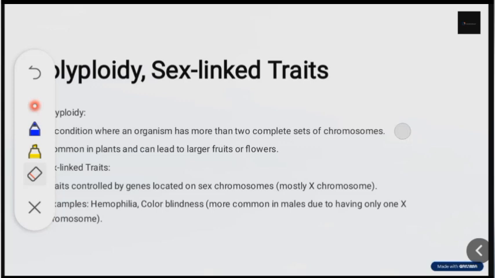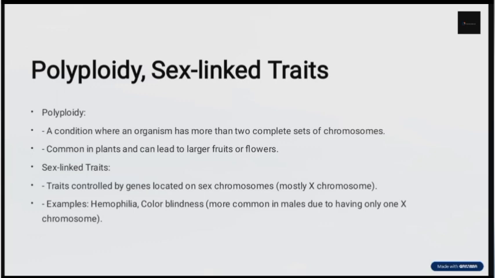Now, why is this important? It means that some traits that can affect males, when those same alleles are inherited by females, may not have any effect on them. For example, color blindness.